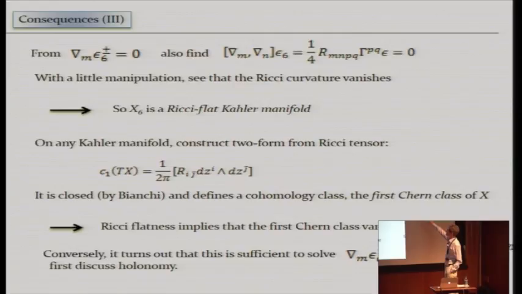Basically what you do is you contract it with another gamma matrix, gamma n, and you use some gamma matrix identities and the first Bianchi identity, and you end up showing that the Ricci curvature has to vanish. So our X6, if it has a covariantly constant spinor, is not only a Kähler manifold, it's in fact a Ricci flat Kähler manifold.